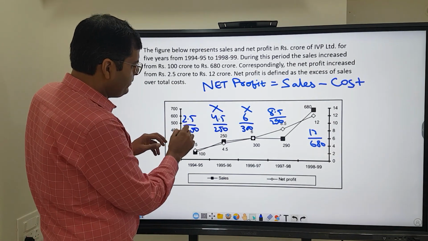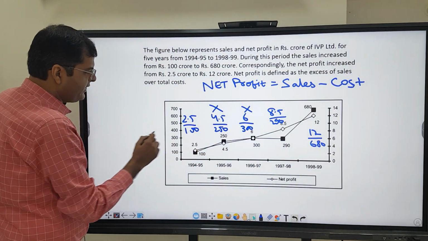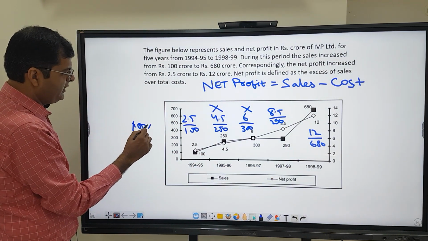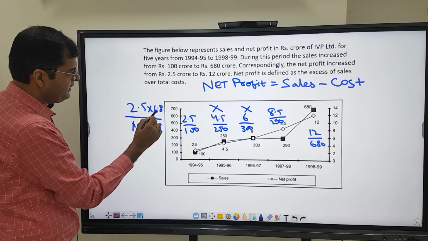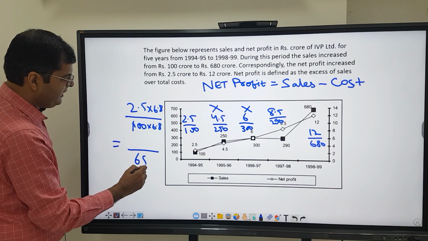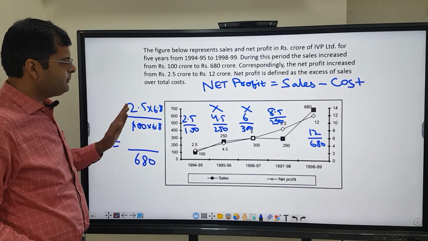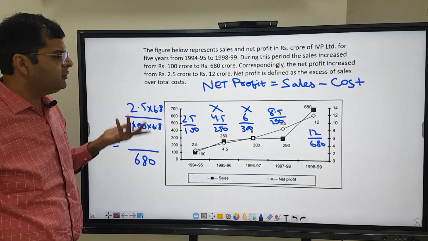Now if I compare 2.5 by 100 and 12 by 680. So I'll do 100 into 6.8 at the bottom, and at the top I'll do 2.5 into 6.8 to get 680 in the denominator here. And 2.5 into 6.8, if I do, it will definitely be more than 12. Why? Because 2 into 6 is 12.